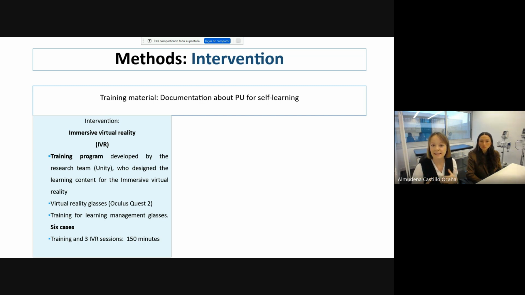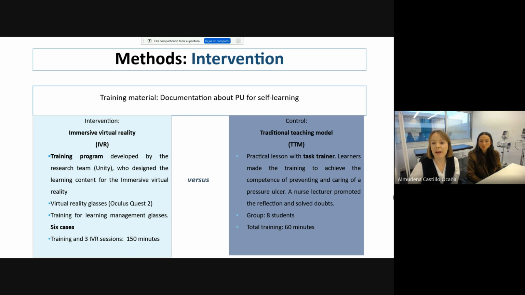They did these 6 cases through 3 sessions lasting around 150 minutes, versus the traditional way of teaching, where a group of 8 students comes to the nursing lab for an hour and does the care of a pressure ulcer on a task trainer.